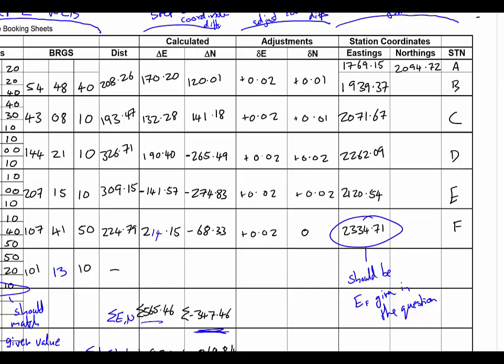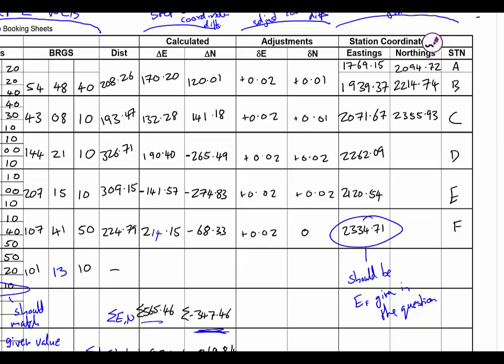Add 120.01. Plus 0.01, 2214.74, plus 141.18, plus 0.01, 2355.93.